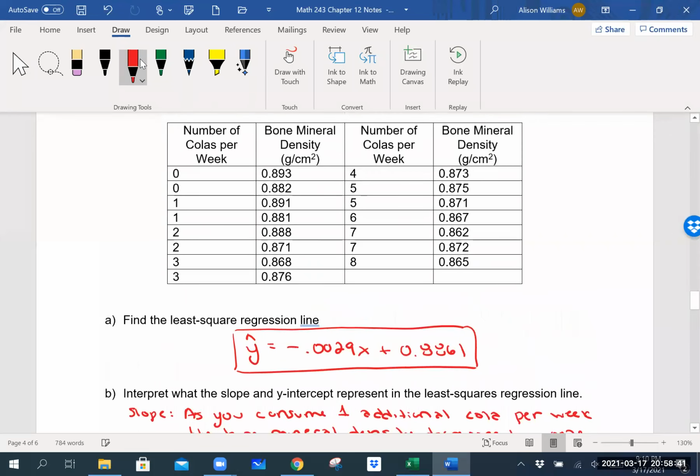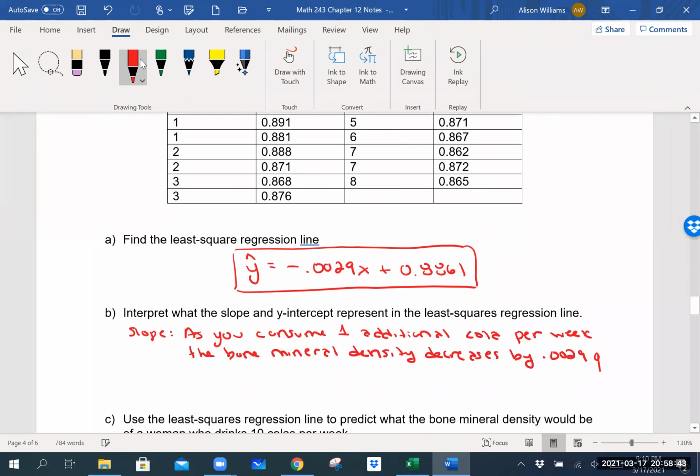And what was the measurement? Grams per centimeter squared. I'm going to use all the terminology they did. And there you go. That's what happens. So as you place higher and higher x values, the bigger and bigger you're subtracting those values from the bone mineral density. Okay, so the y-intercept serves as kind of like a starting point. When x equals 0, that's when we get our y-intercept.